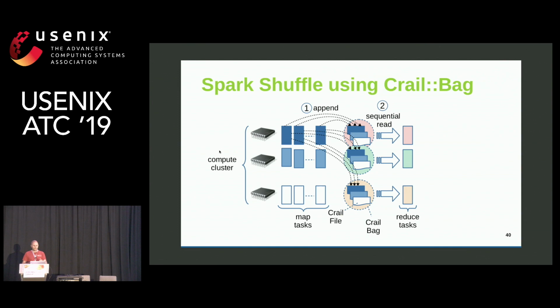Each map task partitions its data into a set of files, one file per bag, one file per partition. Once the map task is finished, the reduce tasks simply read the entire bag for the partition they are assigned to.